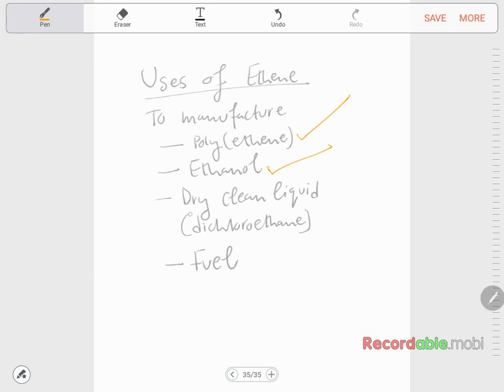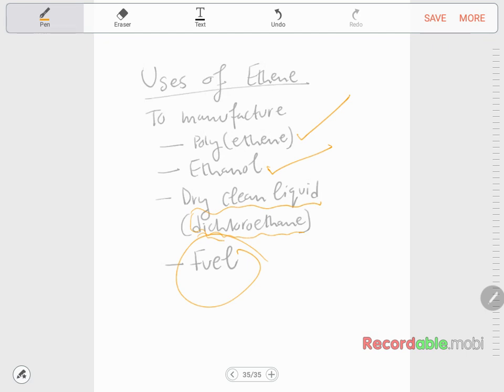It is also used to manufacture dry clean liquid, which is a detergent, and the one used for this specifically is dichloroethane. And finally, it's used to manufacture fuel as well. So this is really just an example of the multiple uses of ethene and how it's really a useful hydrocarbon.